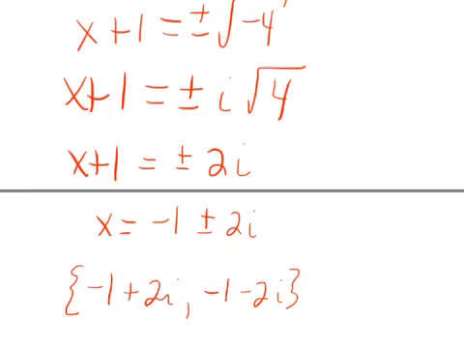We'll talk about how that comes about later in the year, but you're always going to have complex roots in pairs. Write that note down, please. Complex roots always come in pairs, and they are complex conjugates.